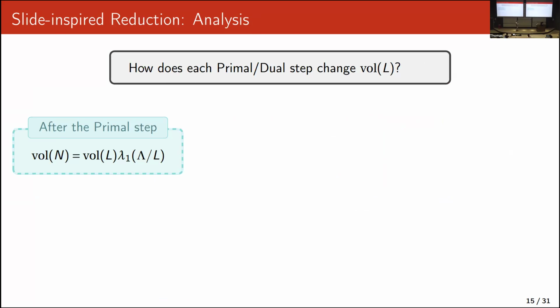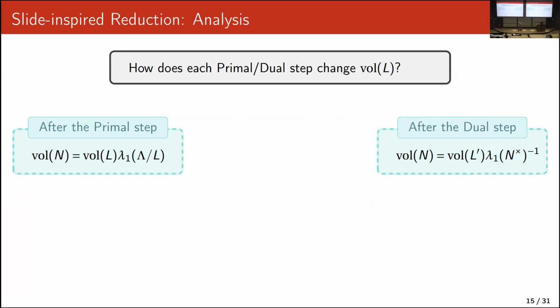So if I look at this at one primal dual step, then how does the volume of L, so the first k vectors, change? So after the primal step, we had this relation because bk+1 star is lambda1 of my projected sublattice. And after the dual step, we have this. So here L primed is the lattice generated by the first k vectors after my operation.